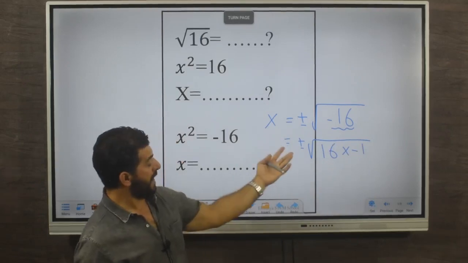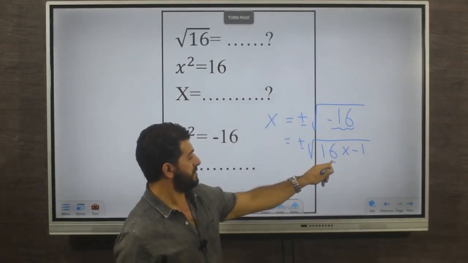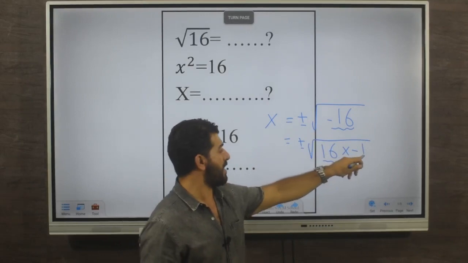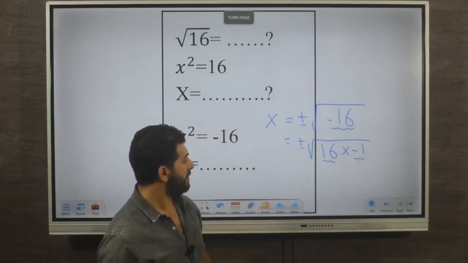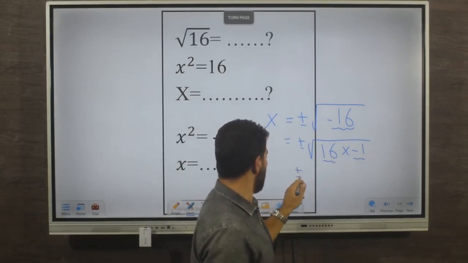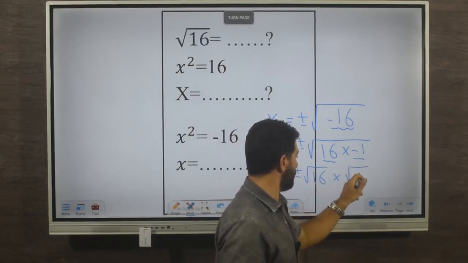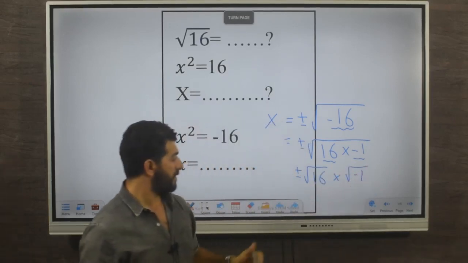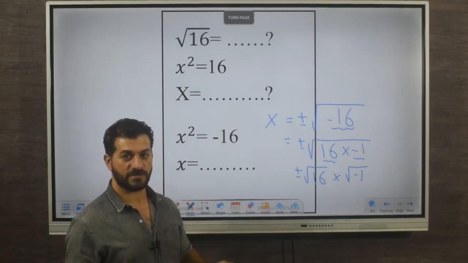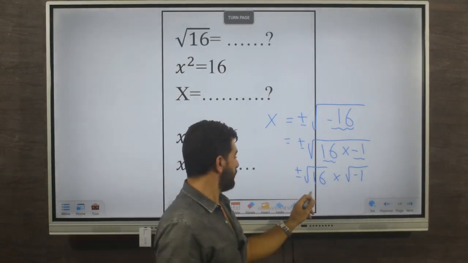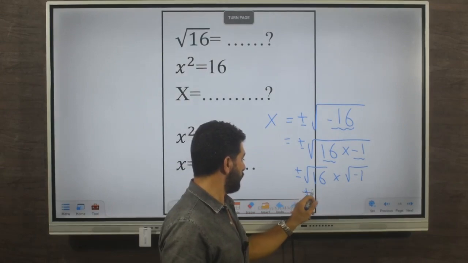And we have 16 under the square root, and we have negative 1. So we can write it as positive or negative the square root of 16 multiplied by the square root of negative 1. And all of us know that the square root of 16 is 4, so it's positive or negative 4.